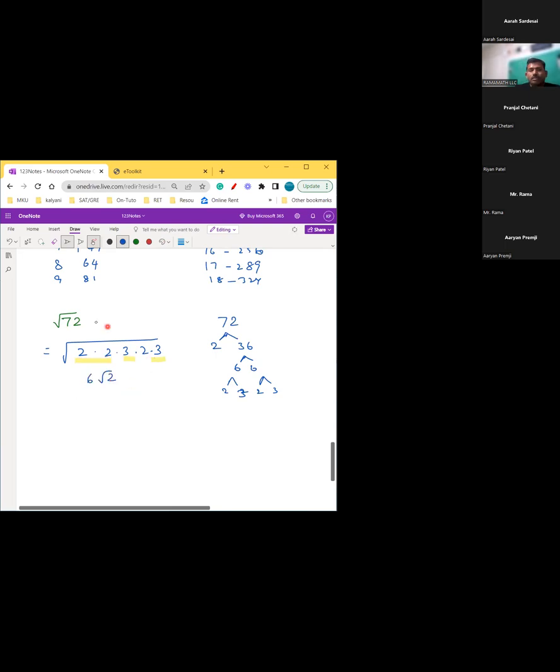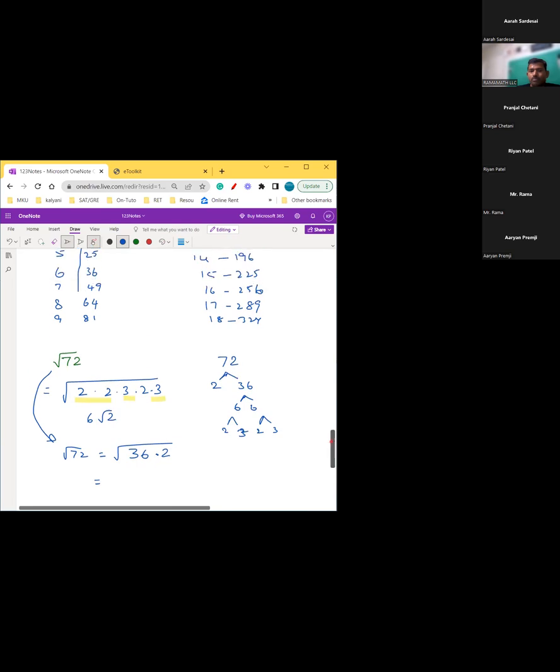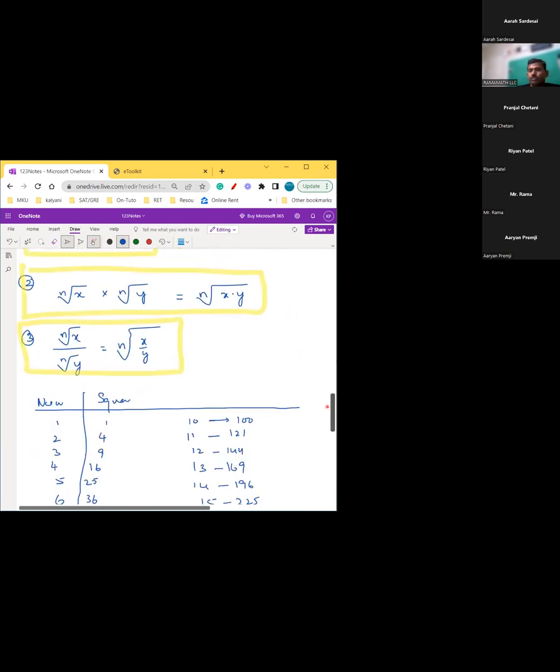Basically 2 times 3 is 6, radical 2. Same way, if I write it down a little faster, 72, I can see that it's 36 times 2. Now, watch me carefully. This one is just rule number 2.